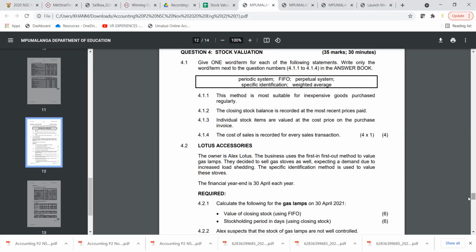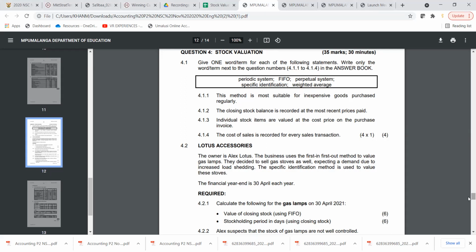The perpetual system accounts for inventory at every inventory transaction. Whenever you buy inventory, we debit the inventory account and credit either trade payables or bank. So every time we buy, we impact the inventory account. When we sell, we decrease inventory immediately.